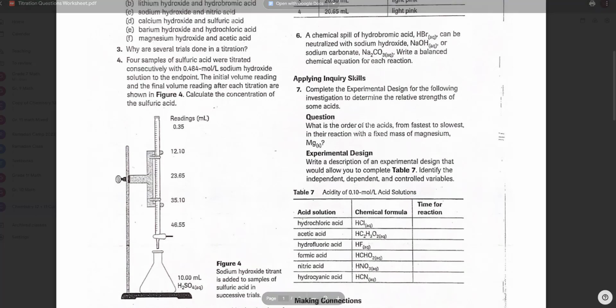I guess the mass of magnesium is also fixed, so that would be a controlled variable. That's also fixed. Yeah. So I'm not sure what independent and dependent would be. Independent is definitely time, and then dependent would be, I don't know. I'm guessing mass of magnesium. I really don't know.